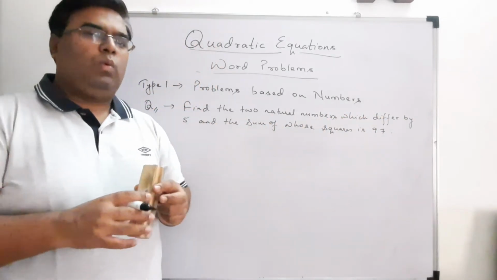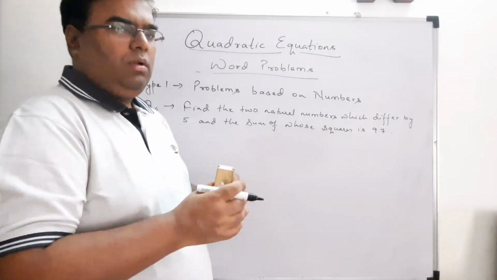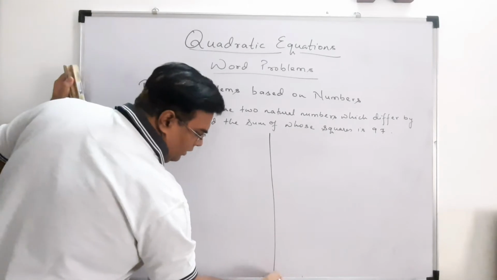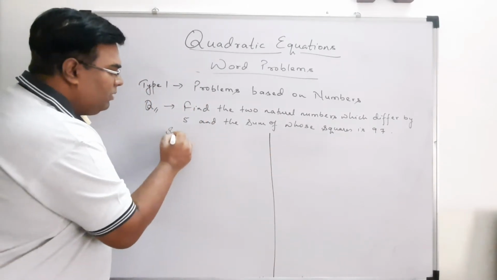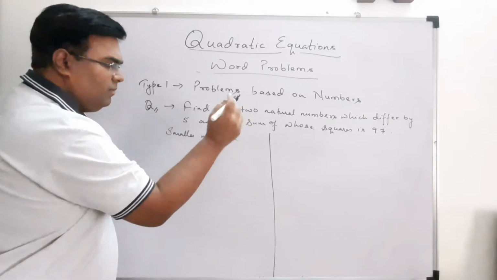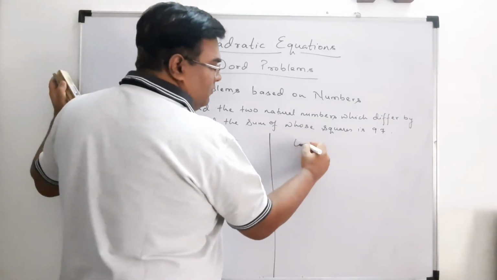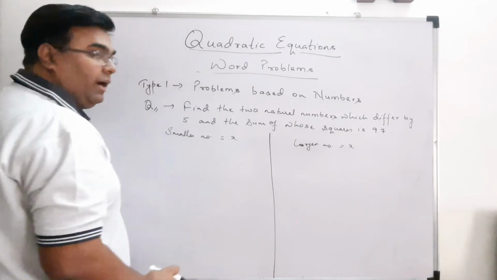It means one number is smaller and the other is larger. It depends on you: if you want to take the smaller number as x, you can take it, and if you want to take the larger number as x, you can take that also.